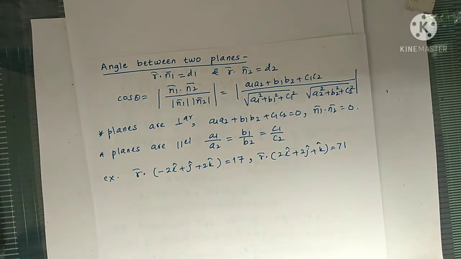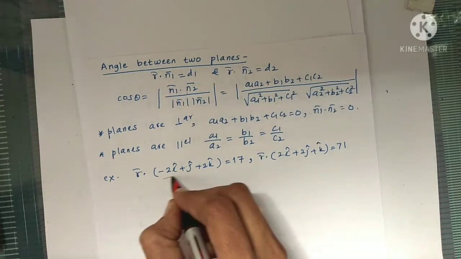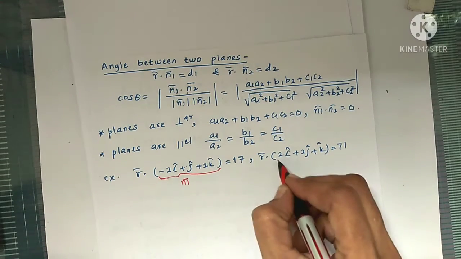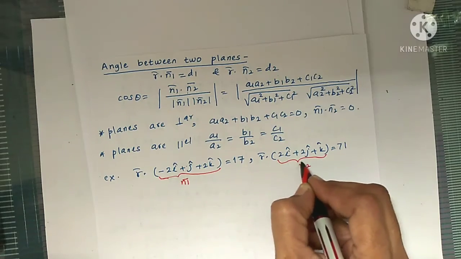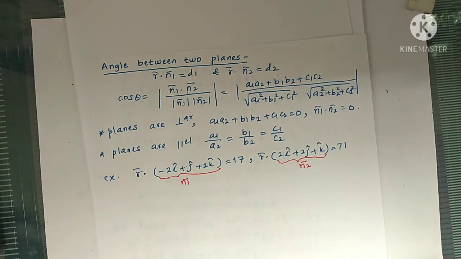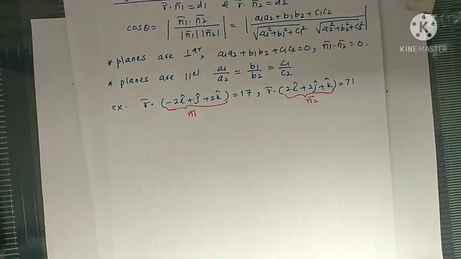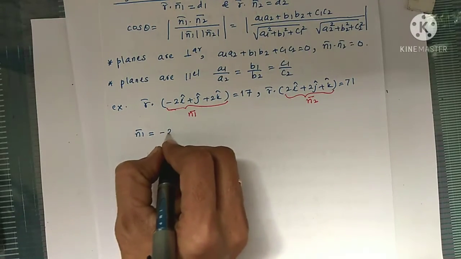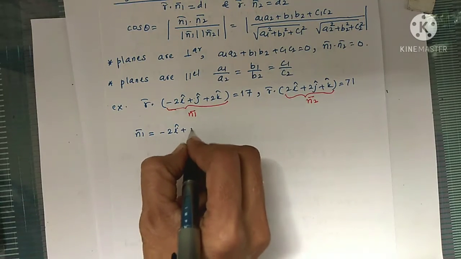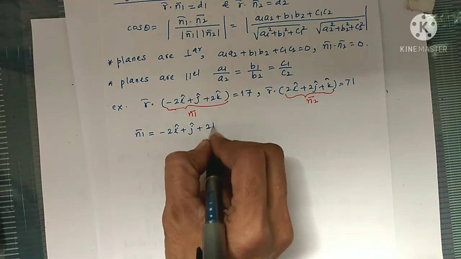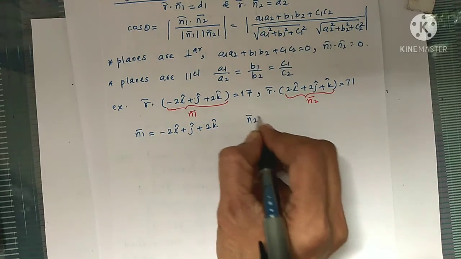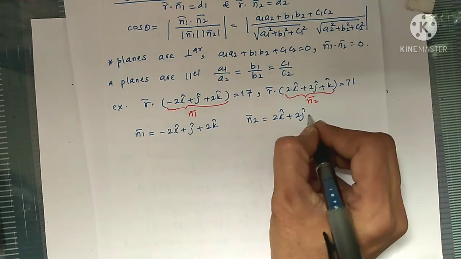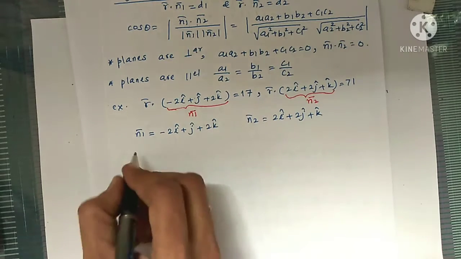This one is n1 bar, the normal to the first plane, and this is n2 bar. First let's write the normals: n1 bar is minus 2i cap plus j cap plus 2k cap, and n2 bar is 2i plus 2j plus k.